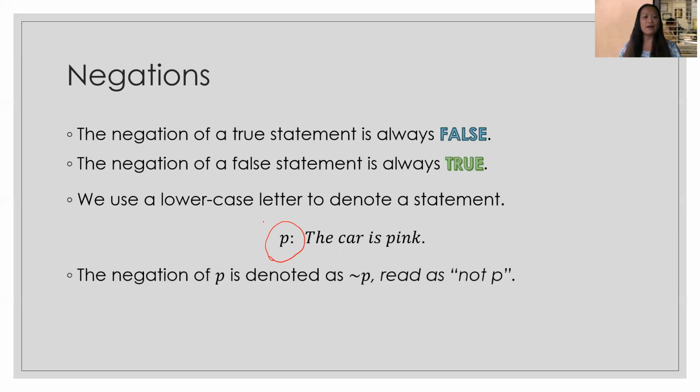Now the negation of p is denoted as not p. Okay, not p, that's how you read that. And if p is the car is pink, then not p is the car is not pink. Or we might want to say, it is not the case that the car is pink.